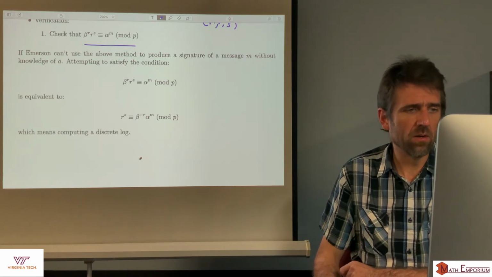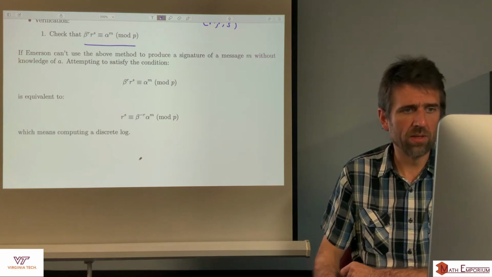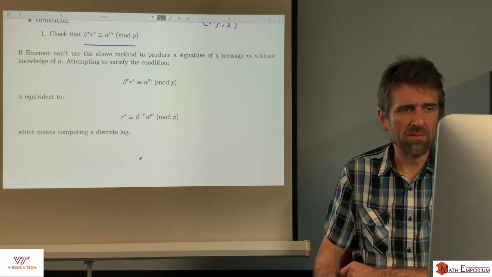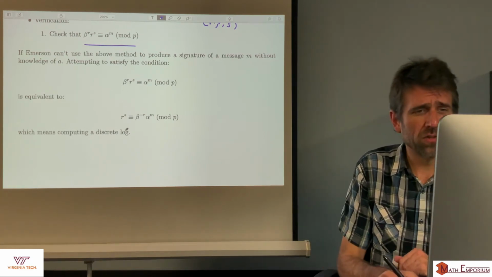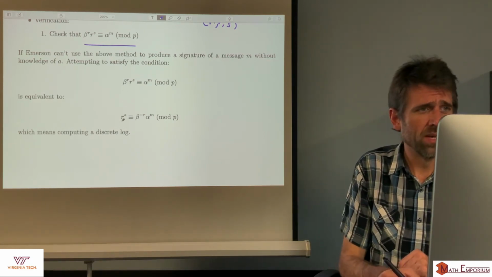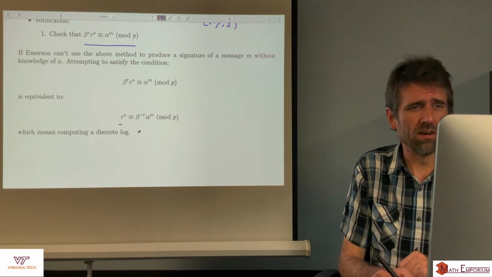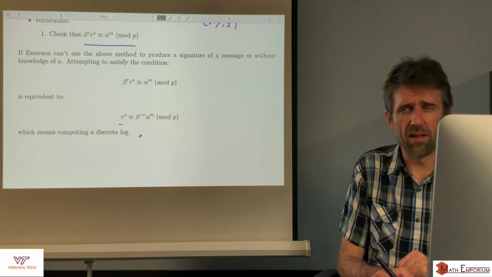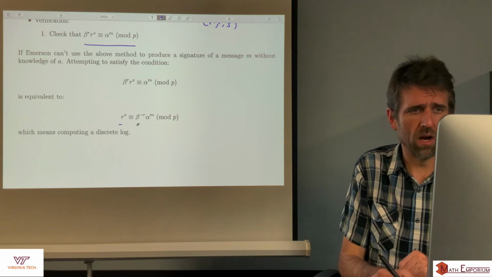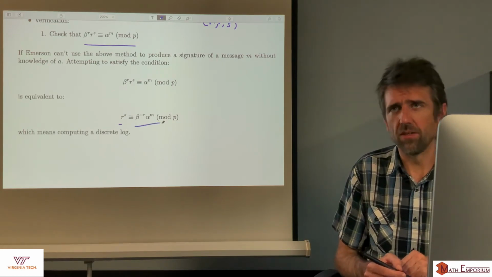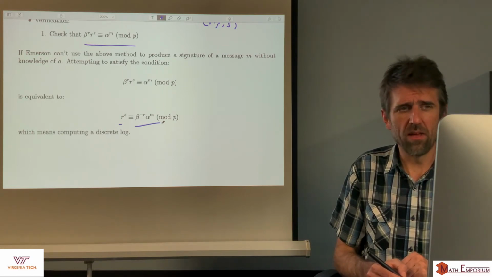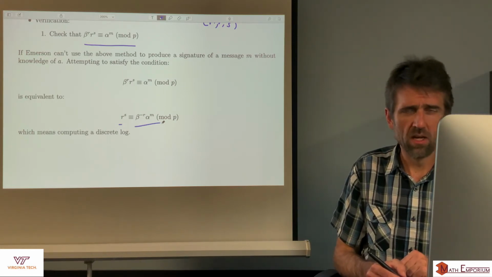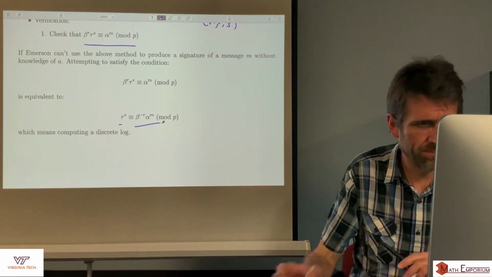That's equivalent to finding r and s such that r to the s is congruent to beta to the minus r times alpha to the M. Suppose that Emerson fixes an r, then that's equivalent to calculating the log base r of this right-hand side of the equation. So trying to forge a signature by satisfying the verification congruence means essentially computing a discrete log.